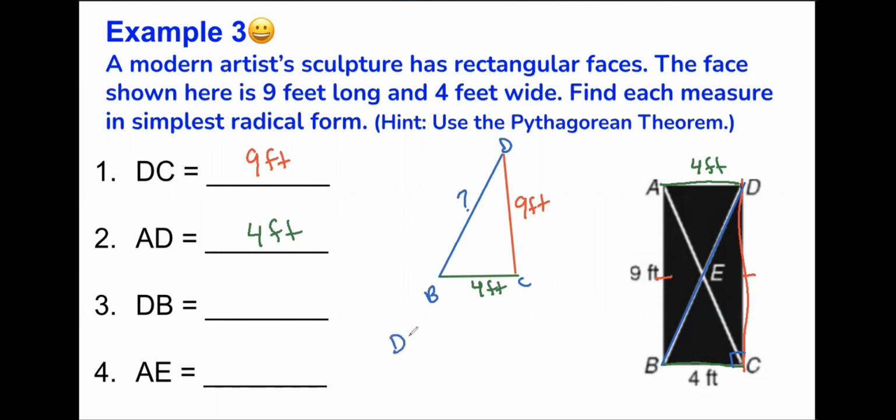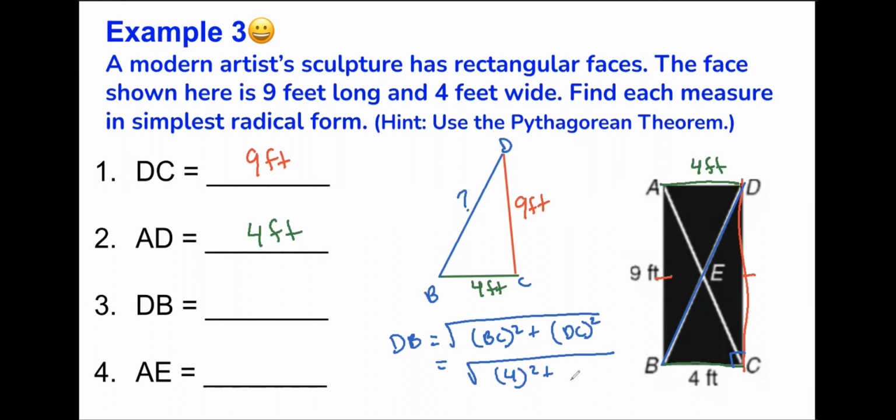We know that DB is going to equal the square root of, let's see, BC squared plus DC squared. We have square root, 4 squared plus 9 squared. Let's see, square root of 16 plus, no, 16 plus 81.